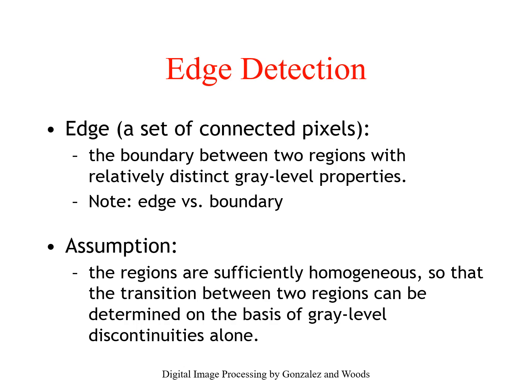One particular region, suppose I am taking a water body, is a homogeneous area having similar properties. All the pixels in that area will have similar properties. So the transition between two regions like water bodies and forests can be determined on the basis of gray level discontinuities alone.